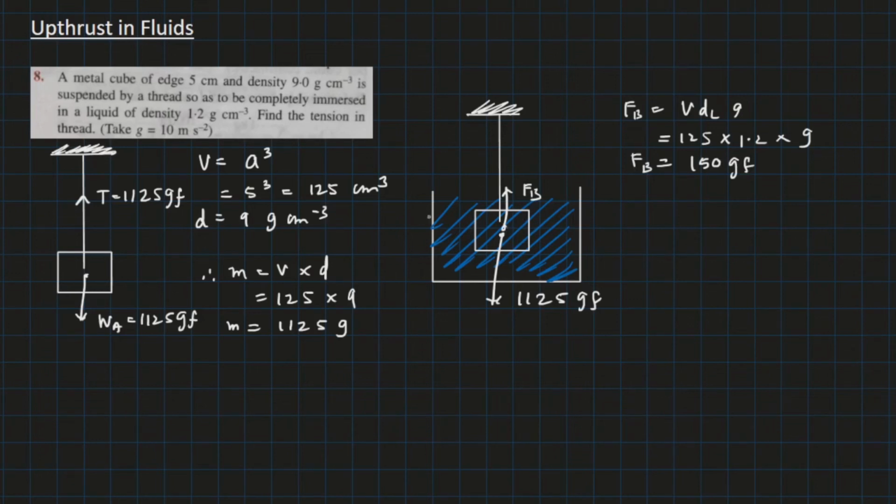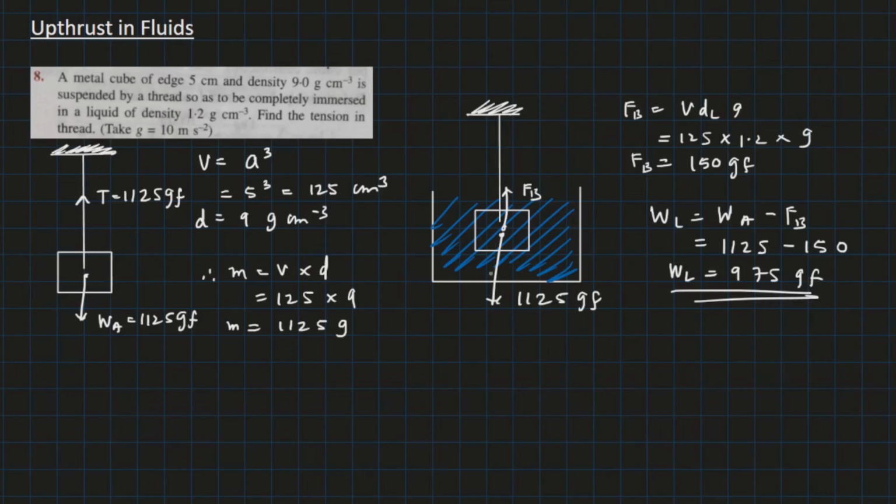Since the upthrust is 150 gram force, weight inside liquid will be weight in air minus the upthrust, that is 1125 minus 150, and that will be 975. That will be the weight acting on that cube, and therefore the tension will be 975 gram force when that cube is completely immersed inside the liquid.